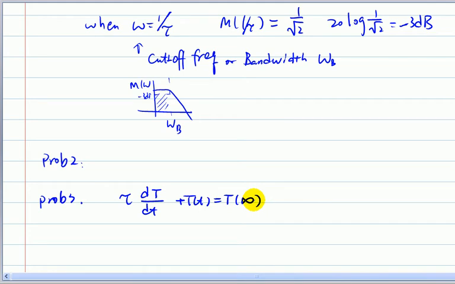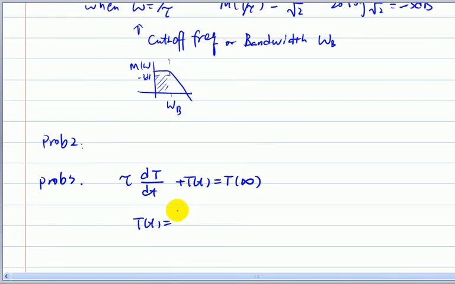The solution for the first order system, as we know, or you look at your formula sheet, is T equal to T infinity plus (T0 minus T infinity) e to the negative 1 over tau t.